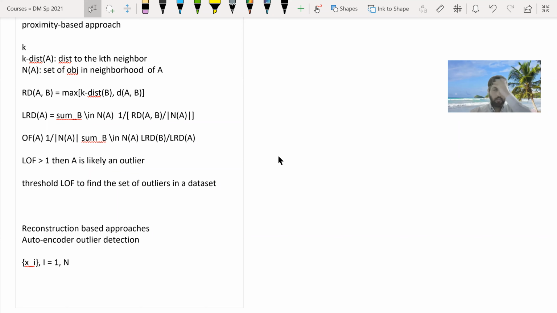So an autoencoder is actually a neural network, and a neural network obviously has an input and has an output.